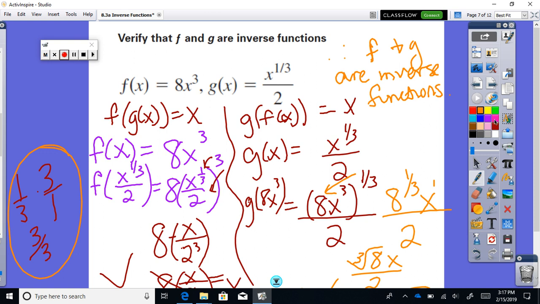So if you think about this, 8x cubed, remember that's a cubic function, that's our little guy here. Well, if we reflected that over the line, this part would come up here, be like this instead. I can't remember exactly what it looks like.